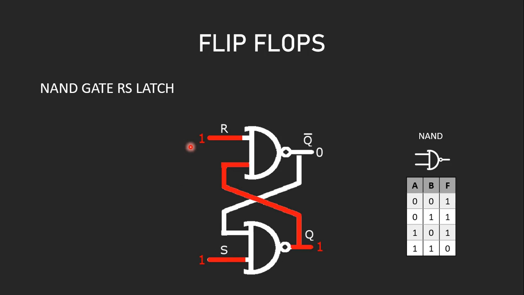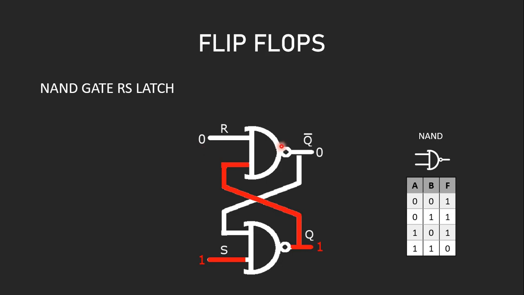But the biggest difference of this circuit is that by default, both the inputs are set at 1. So in contrast to the NOR gate, this type of latch circuit is called active low, because you'll be changing these inputs to 0 to mess around with the final output.